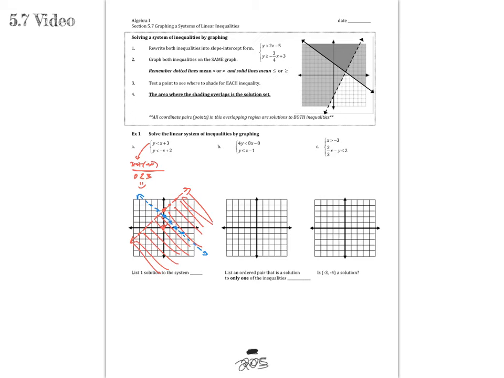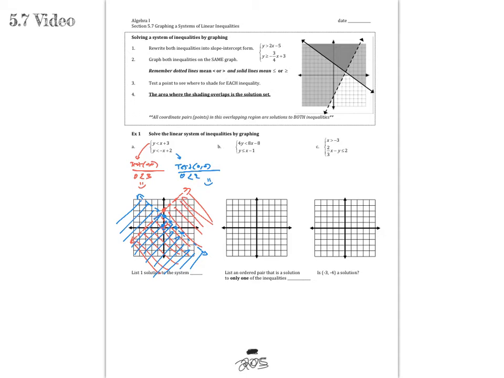Okay, so again, I'm going to test 0, 0. Again, as long as it's not on the line, you can test it. So we test 0, 0, and we get 0 is less than 2. That's also true. So I'm going to shade for the blue line below the blue line because that point worked. Okay.